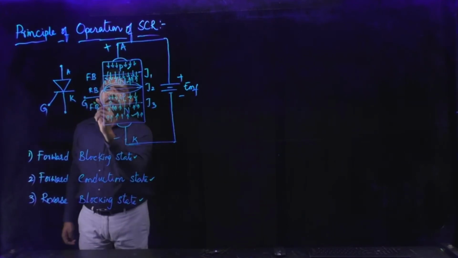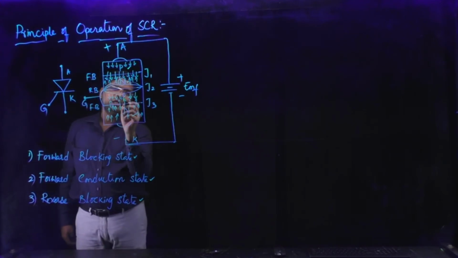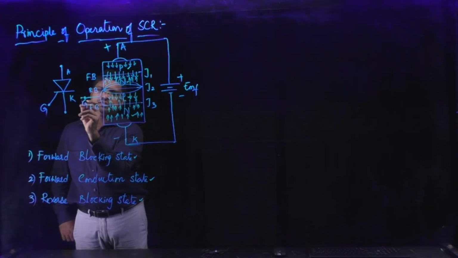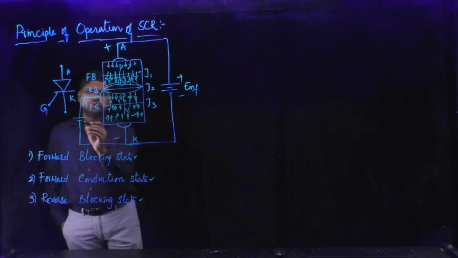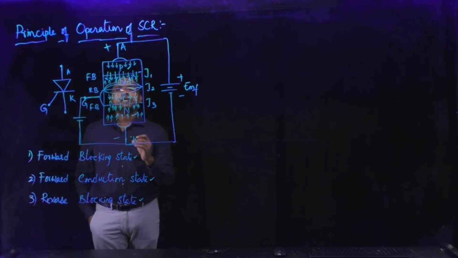Here we have connected a gate terminal to the inner P layer. Through the gate terminal we can apply a voltage. The voltage applied across the gate terminal is very small, and it is applied across the gate and cathode terminals. The gate signal is a very low power signal.